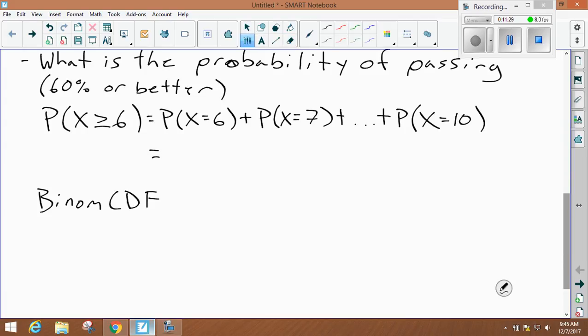Right, and real quick, we were getting into the calculator stuff at the very end of class last time, so I don't think that we got super specific about when to use each, right? So you're going to use binomCDF if you're calculating a bunch of them. It's going to give you the cumulative distribution function.